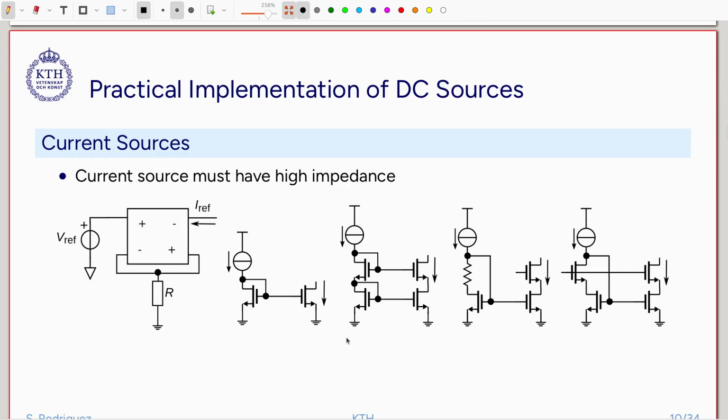So for current sources, we have the following alternatives. First, as we studied before, we can convert a voltage to a current using a transconductance amplifier. In integrated circuit design, typically we design a very clean voltage reference that is independent of temperature, voltage and process variations.